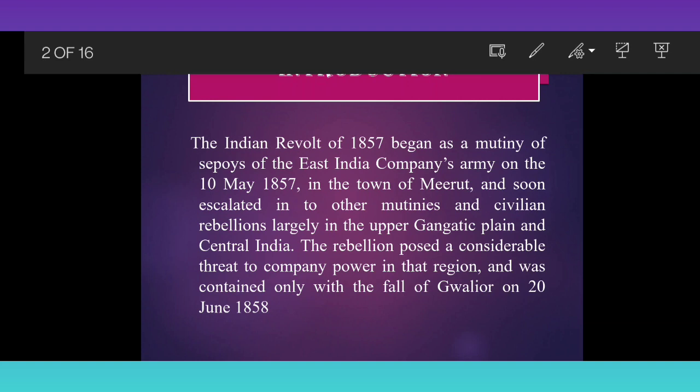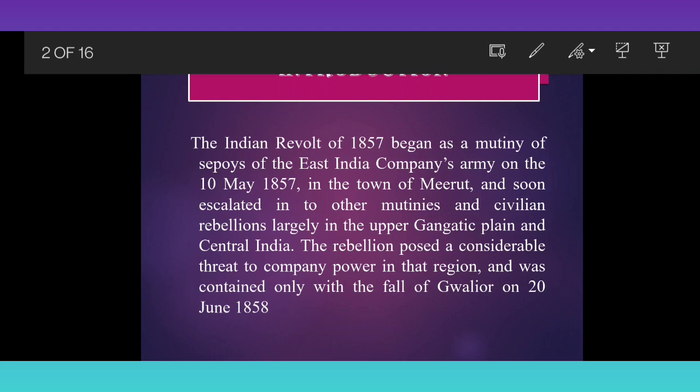There was one regiment in Barrackpore, named the Barrackpore regiment, and that was the place from where one sepoy, Mangal Pandey, whose name I think we are all familiar with, first revolted. He opposed using the cartridges which were covered with pig and cow fat. He said we will not use them, and he was hanged to death.